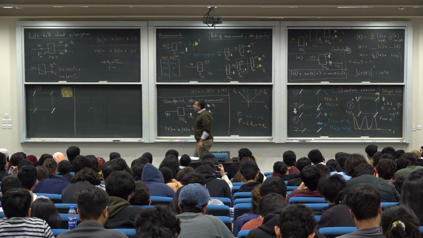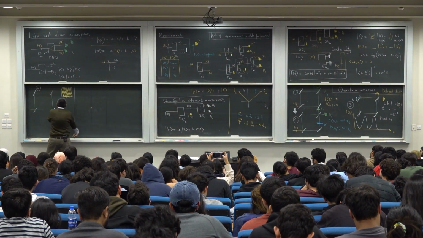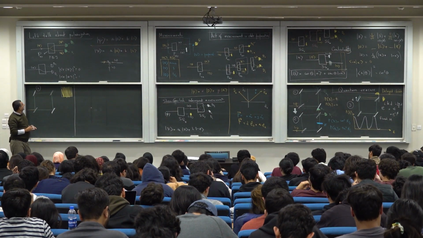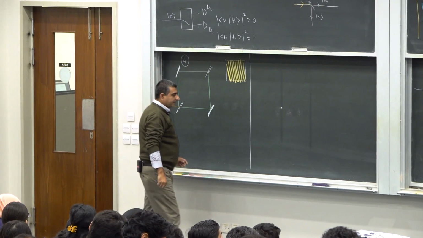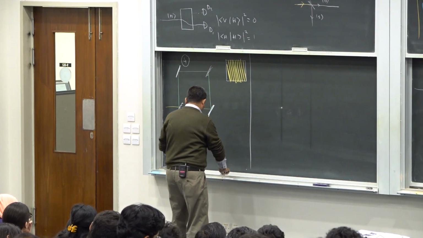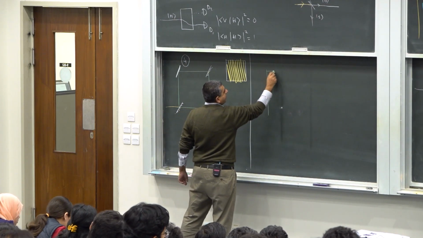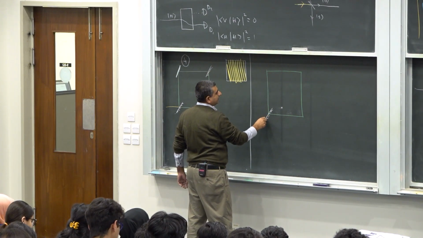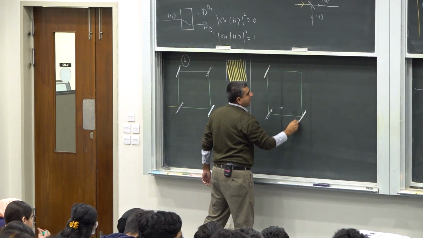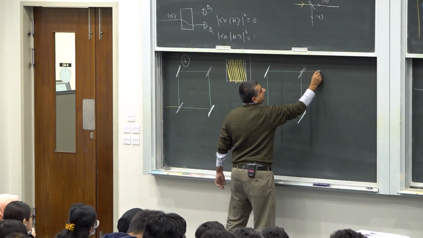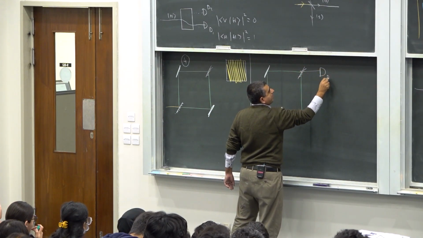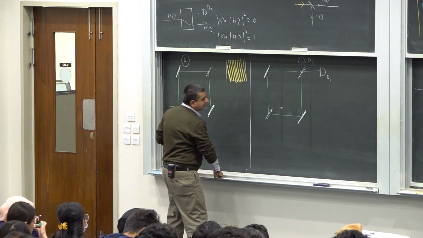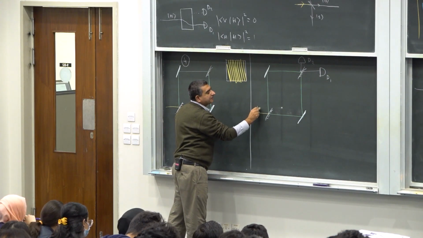All right. However, now let's put polarization into this picture as well. Now in this arrangement, this is my ket 0.